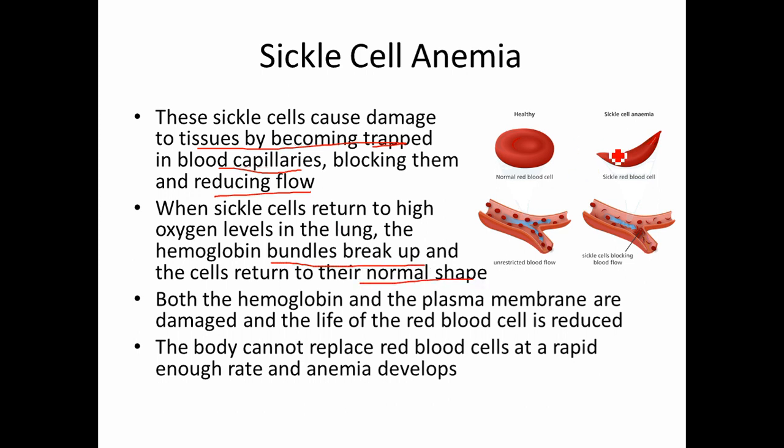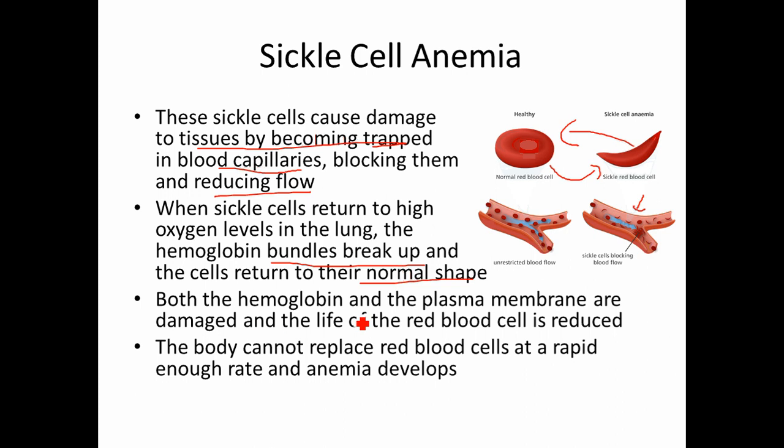So in the capillaries, the cells fold into this sickle cell shape, and then return to the normal round shape in areas of high oxygen concentration. These cells go back and forth between these shapes as they travel within the body.